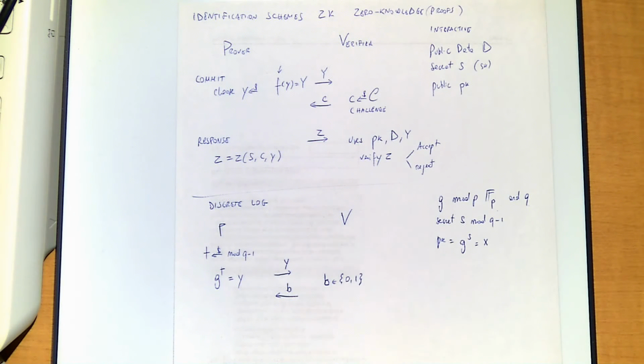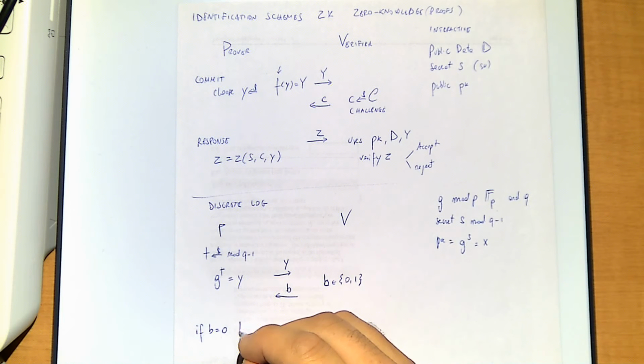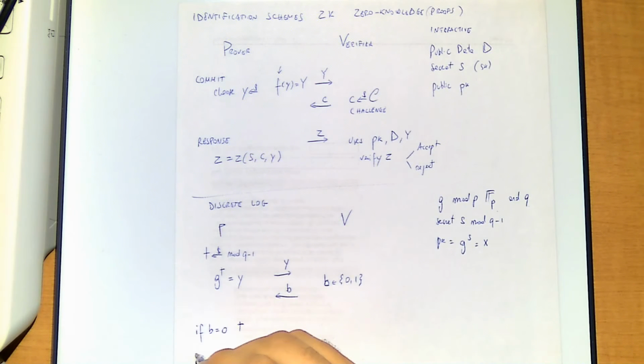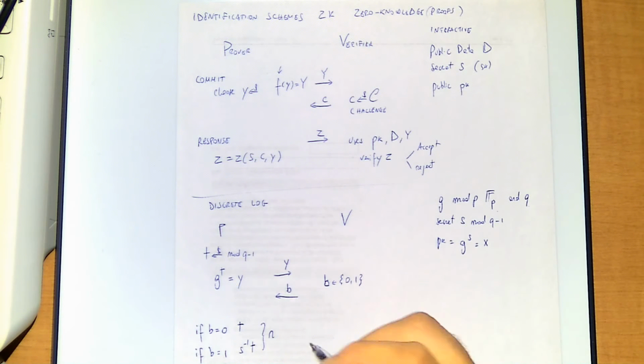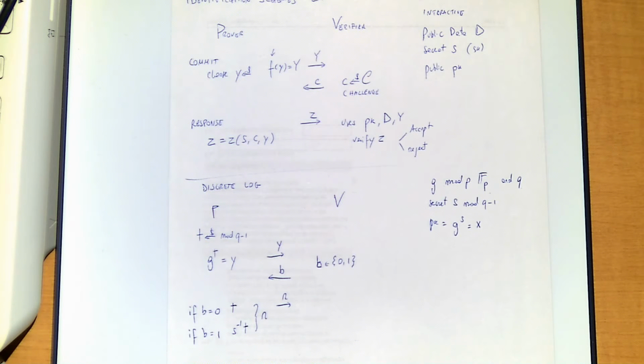Depending on what B is, if B is 0, you reply with T, and if B is 1, you reply with S inverse T. This is going to be a certain response R that you send over. You can even formulate it as S inverse to the B minus 1, or whatever.